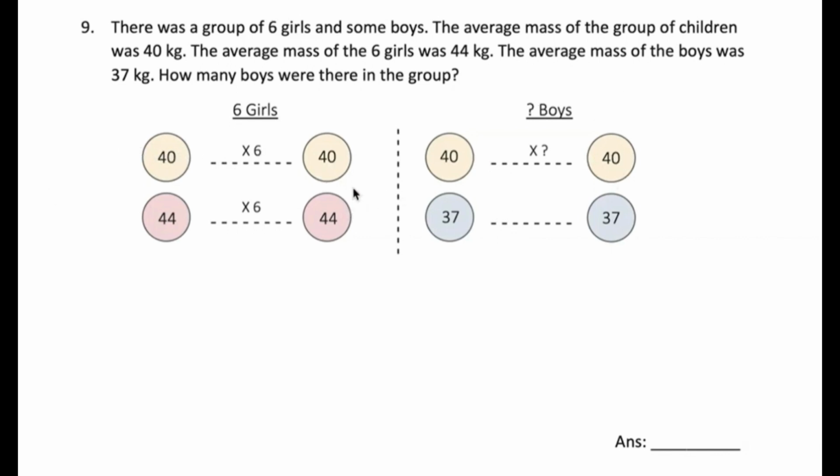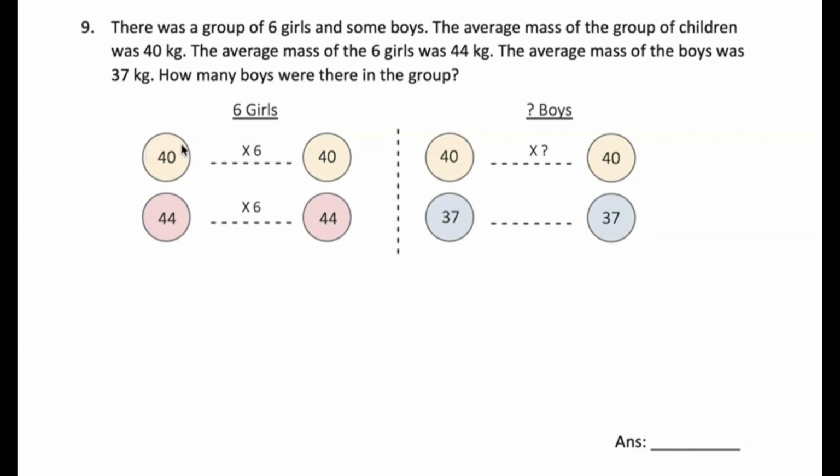In the second scenario, you break it up into the average of the girls and the average of the boys. The total in both scenarios has to be the same because it's the same number of girls and boys. What happens is you are just redistributing their mass. Right? You're just redistributing their mass.